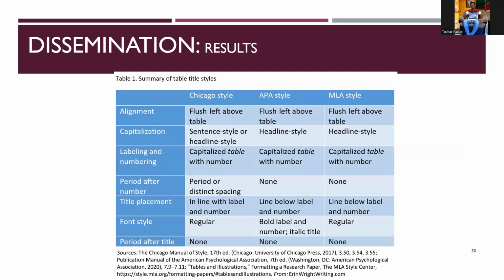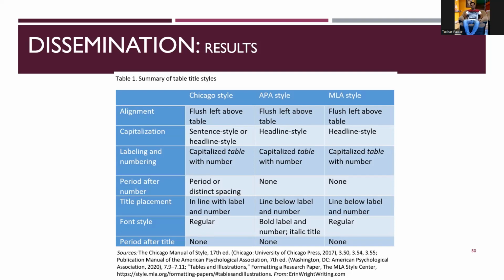So this is about the table now. The title of the table has to be left above. As you see here, Table 1 is left above. In all three styles, the table title starts from the left. It is not central.